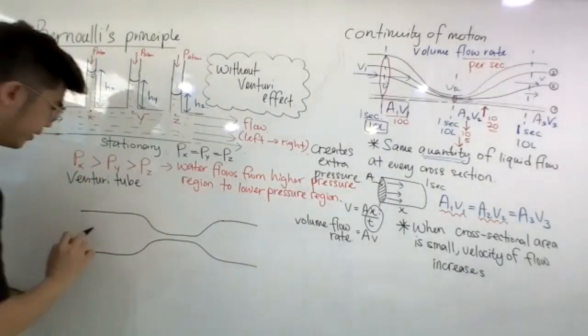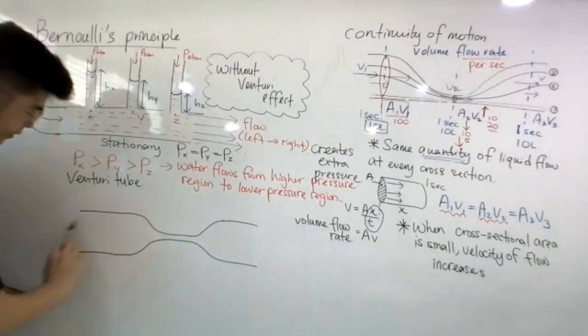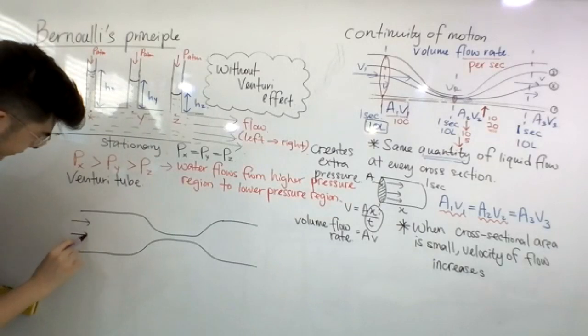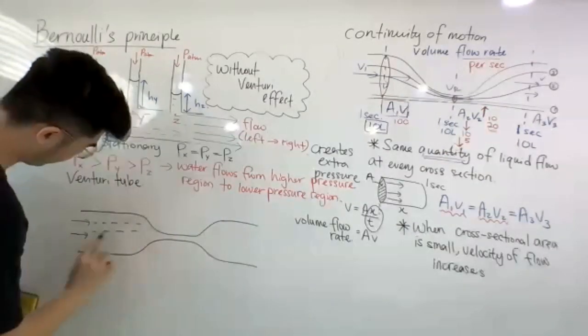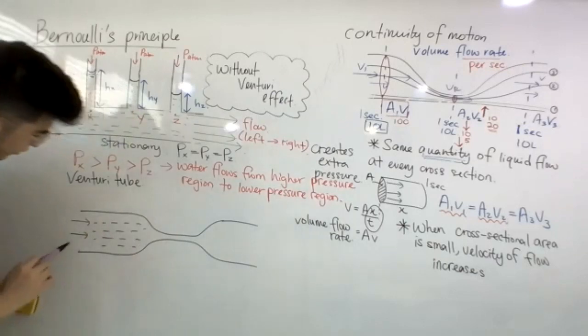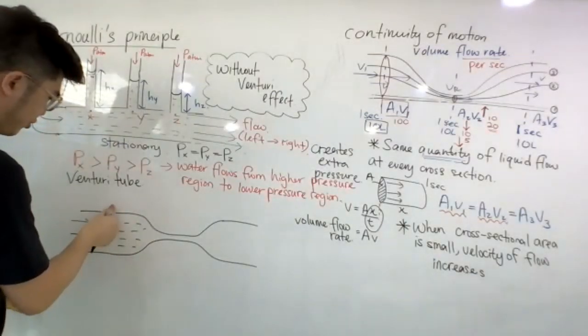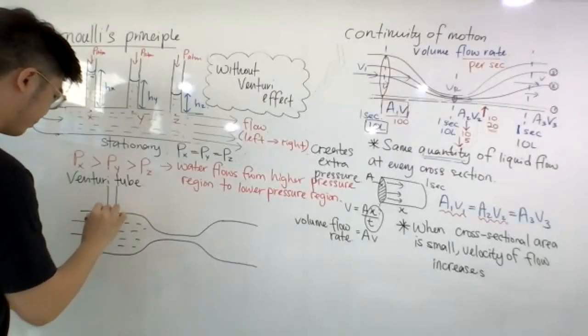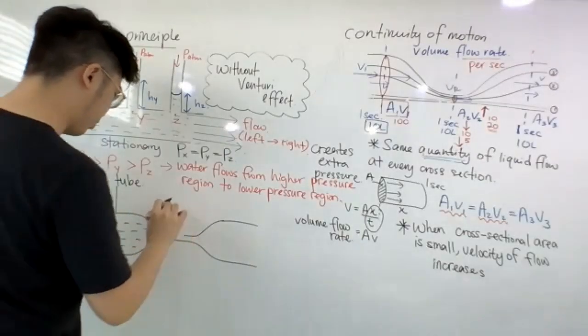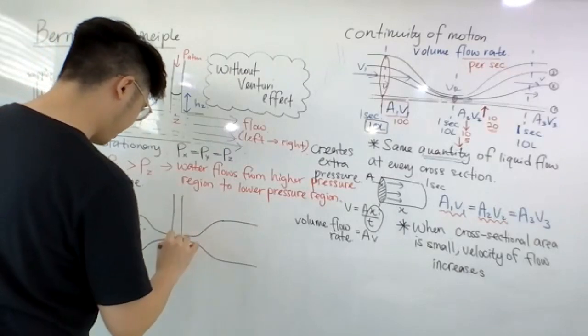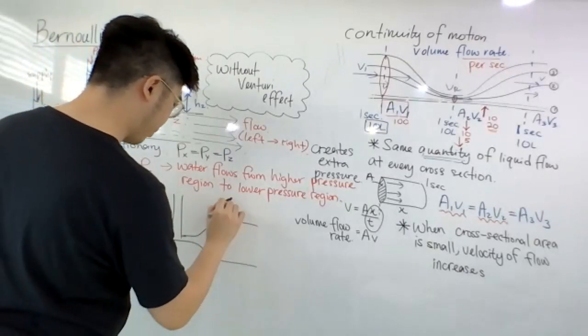Now, in the Venturi tube, I make the water flow from here. Water starts flowing from here. Now, I make 3 columns just like the previous one. I make 1 column here, 1 column here, and 1 column here.